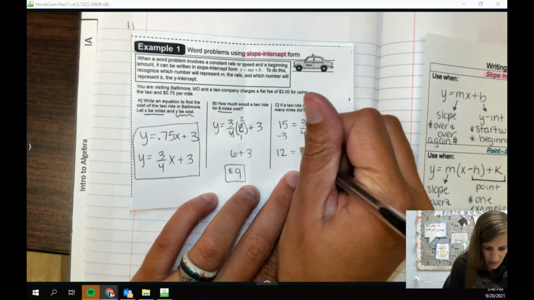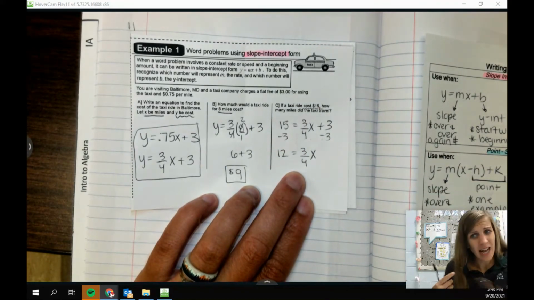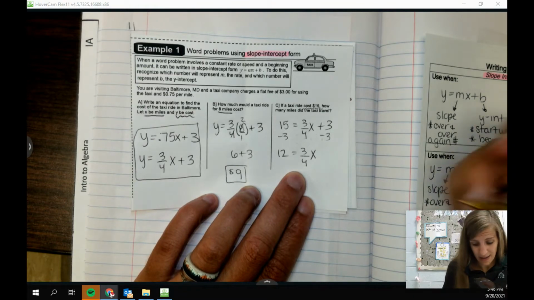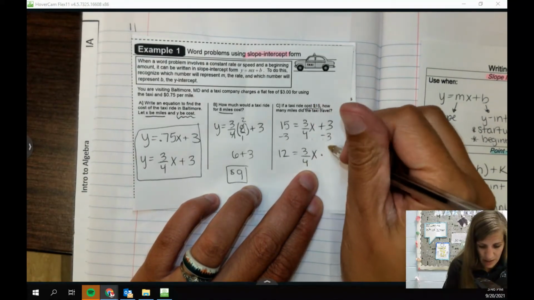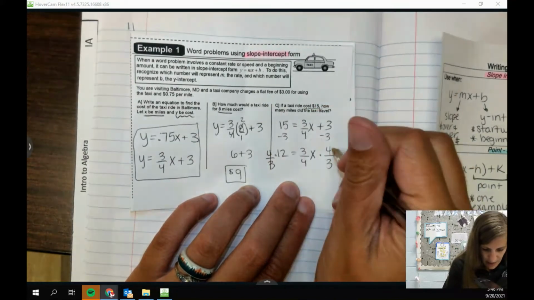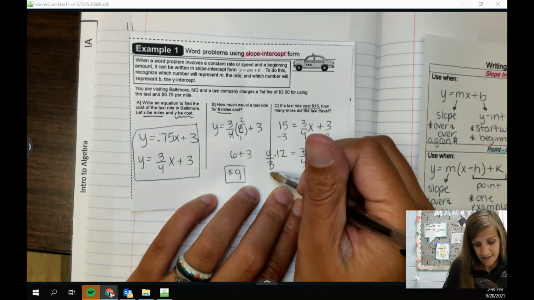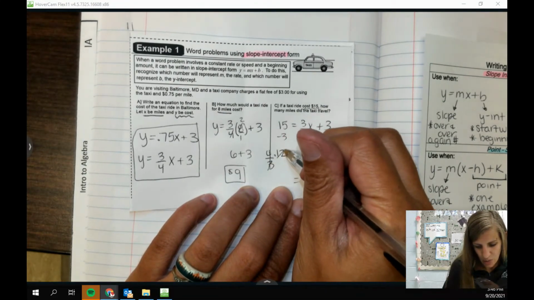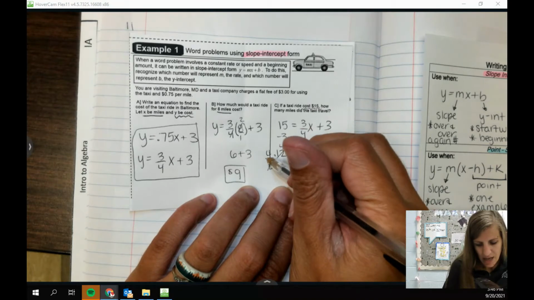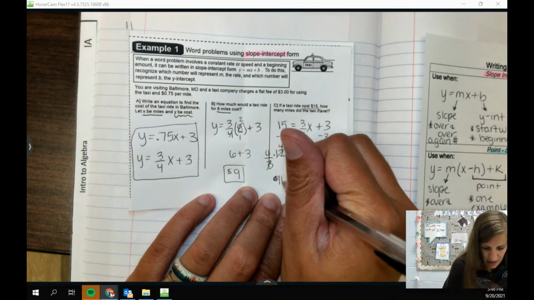So 12 equals 3/4 x. And then to get rid of that fraction, I felt like that was going to be easier to get rid of than a decimal. I'd have to divide by a decimal, and that sounds like an awful idea. I'd rather multiply by the reciprocal because, again, I can do a little cross-dividing stuff. Like 3 goes into 12 4 times, and 4 times 4 is 16 miles, not dollars.